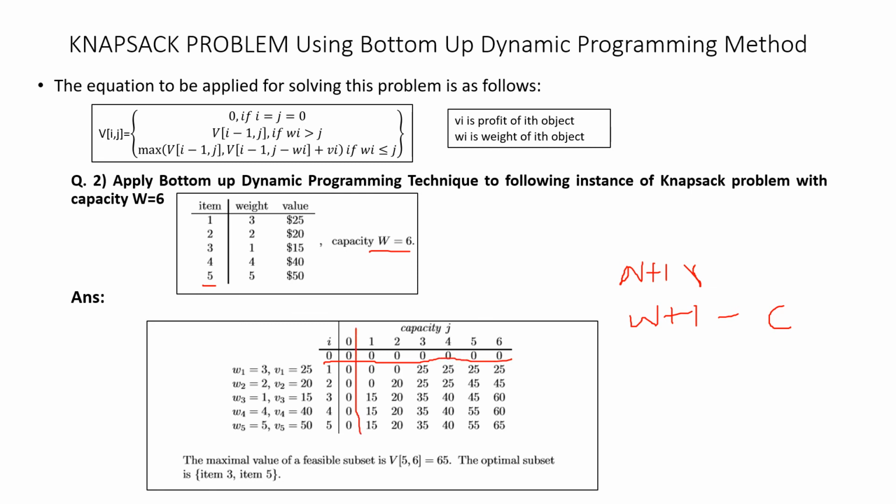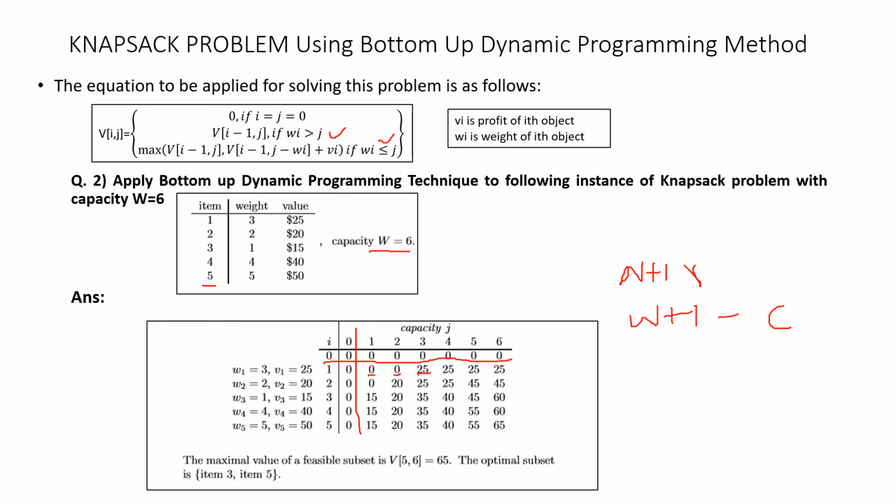Fine. Next you have to go on calculating from this notation. V of 1 comma 1, you compare the corresponding weight. 3 is greater than 1, so 3 is greater than 1 means apply the second formula. For this again 3 is greater than 2, apply the second formula. For this one 3 is equal to 3, apply the third formula.